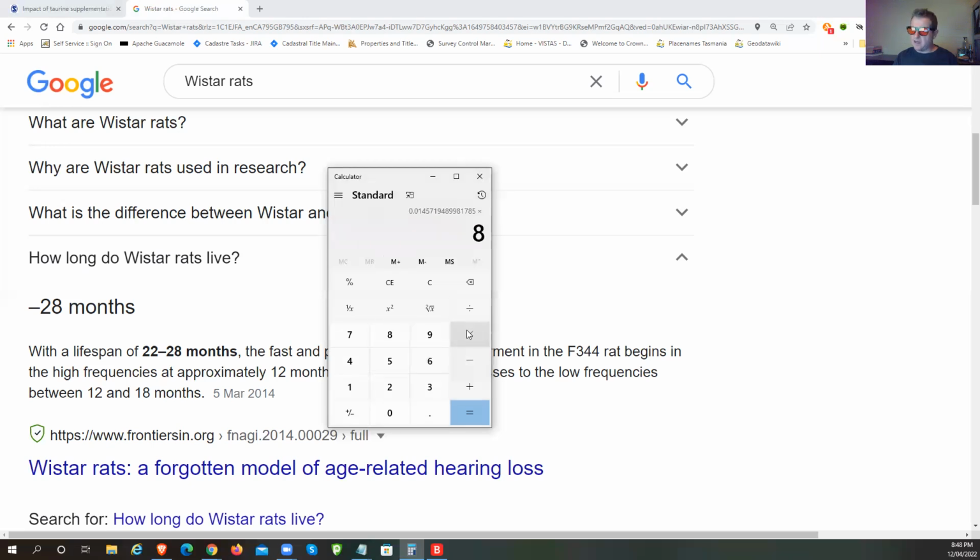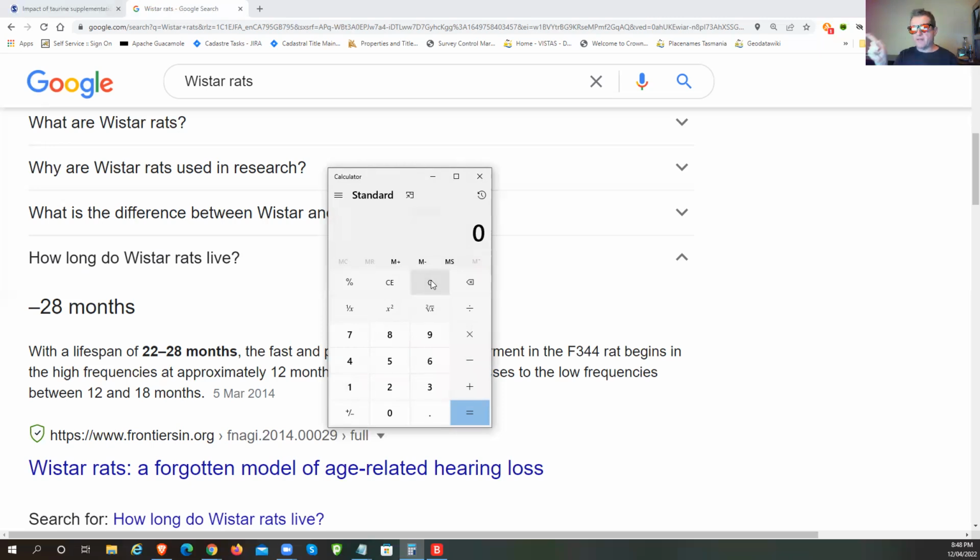So we'll go for 80 years. So we're looking at 1 year times 12, so 1 and 2 months. So about 14 months. So a 14-month-old child is the human equivalent of 12 days for the rat.